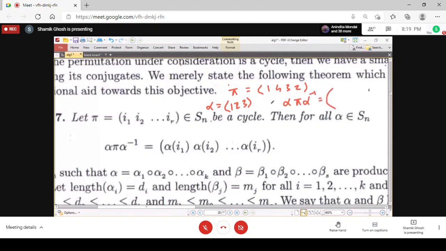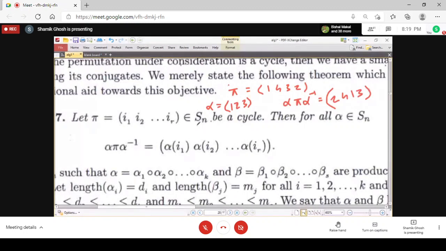You see that where 1 goes under alpha, 1 goes to 2 here, so you will get 2. Then the next element is 4, and 4 stays 4 because alpha does not move 4. Then 3 goes to 1 here, so it is 1. And then 2 goes to 3 here, so it is 3. So you can easily verify that alpha pi alpha inverse will be (2 4 1 3).